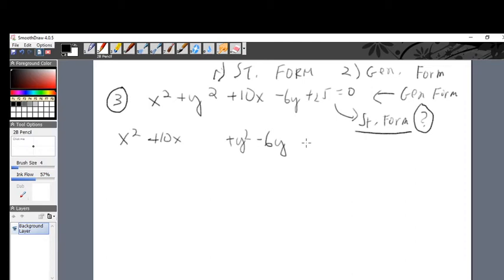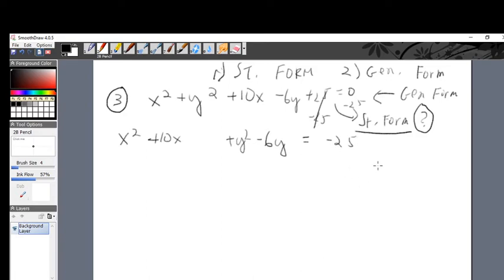And then get the plus 25 on the other side. I'm going to subtract 25 on both sides, so I get minus 25 over here. That's our setup.